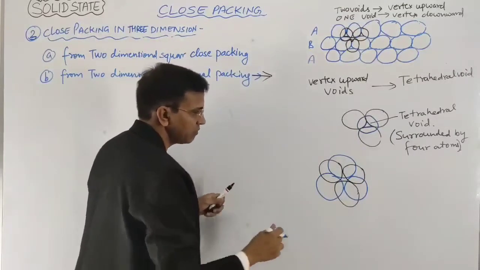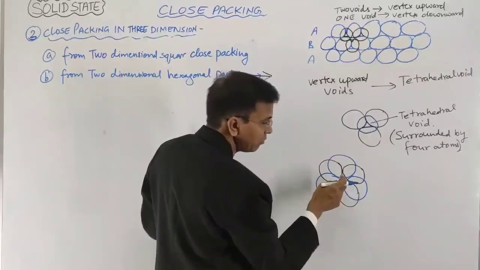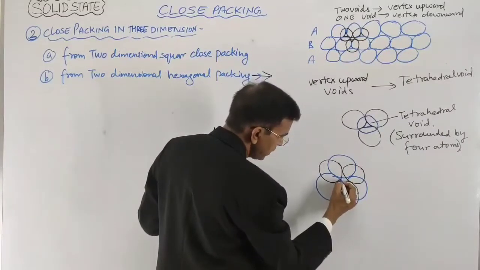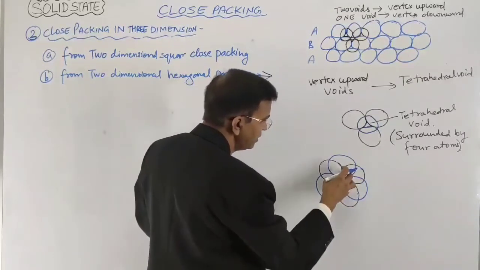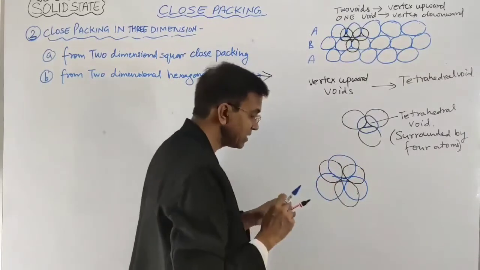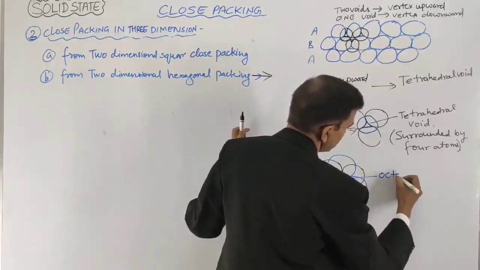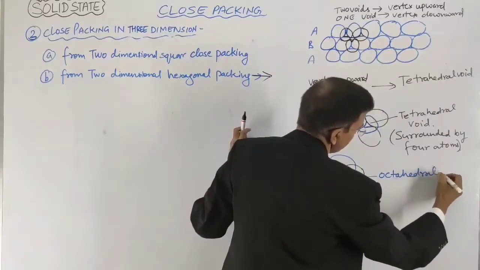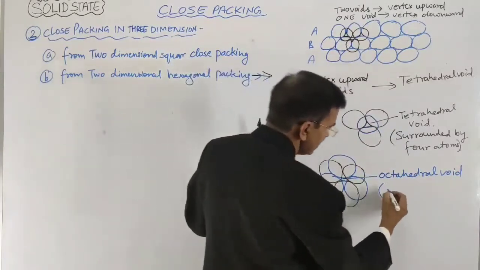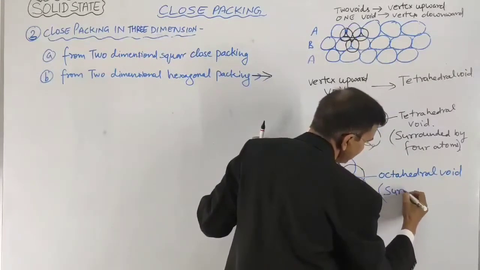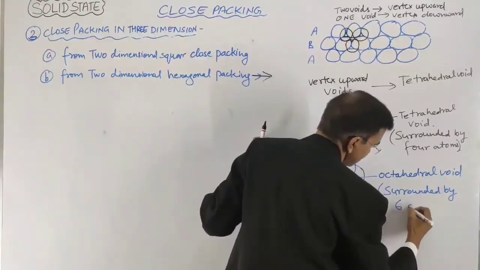So this triangular void with downward direction vertex changes to this, and when you see it from the downward direction, it is an octahedral void, and it is surrounded by 6 atoms, 3 upper side, 3 lower side. So surrounded by 6 atoms.